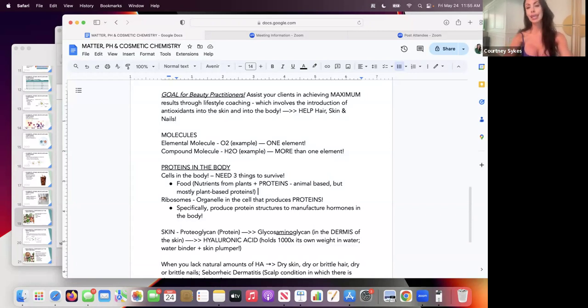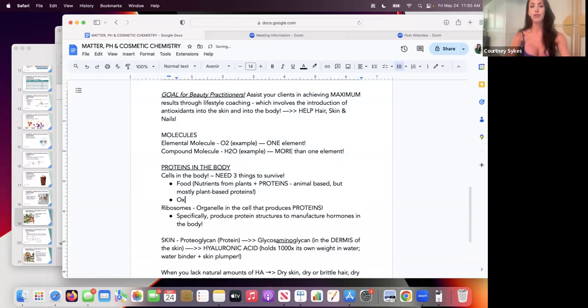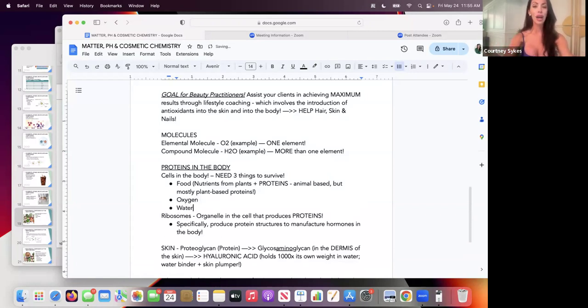But back to those three things that your cells need to survive: food, oxygen, yes, and then water. I've got my glass of water right here since we're talking about it. But you need those three things to survive: food, which is nutrients from plants mostly; oxygen, the oxygen that we breathe.